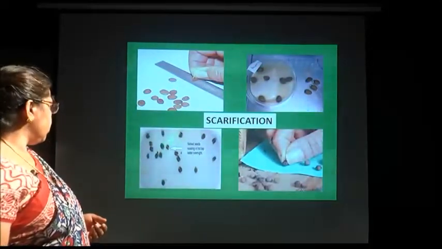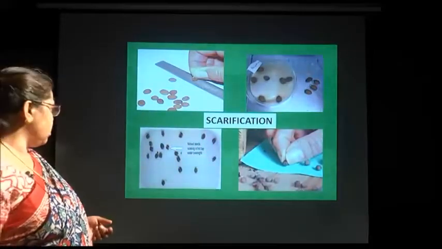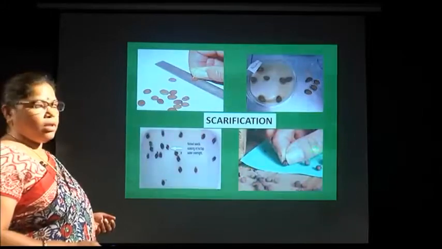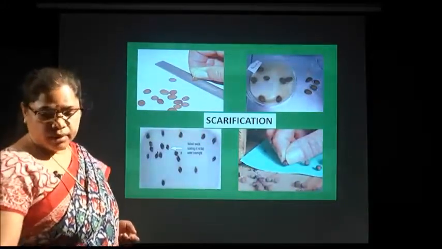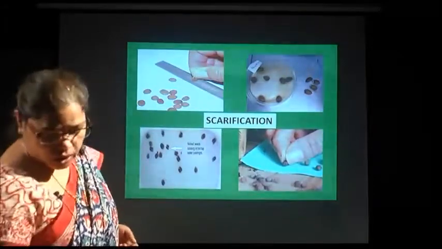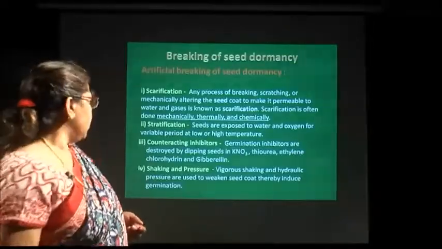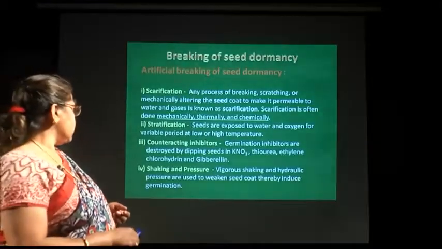Also, by using a knife, the seeds are nicked and soaked in hot water, or you can use sandpaper also. By using all these methods, scarification of seeds occurs, due to which the hard seed coat becomes soft, and the dormancy is removed.